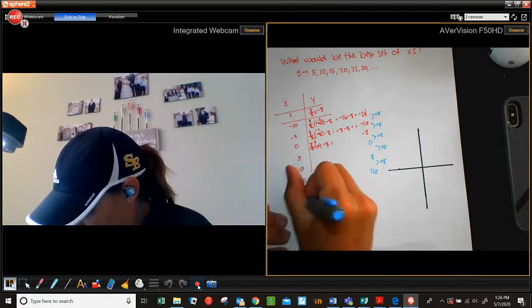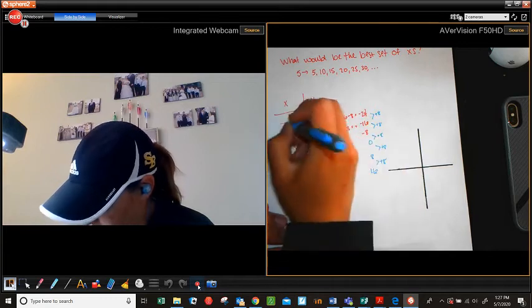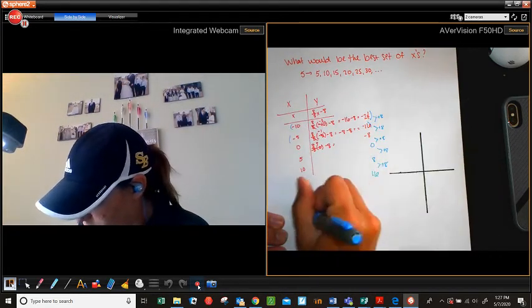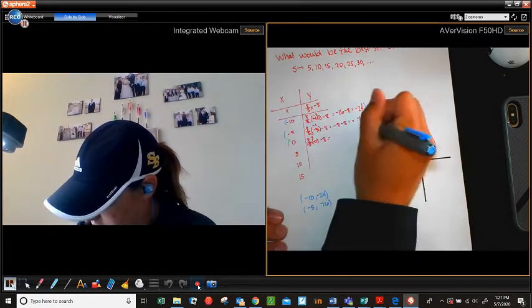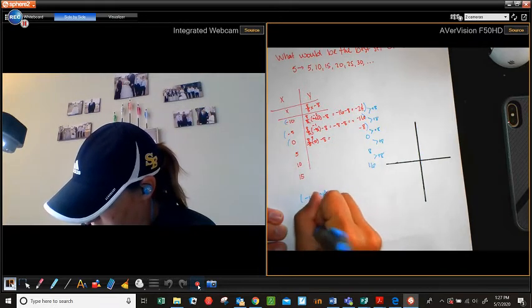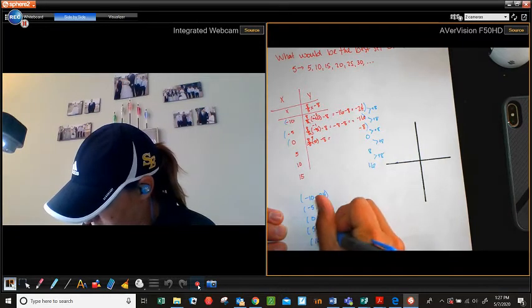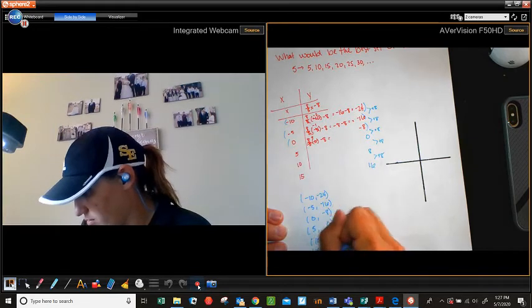I have negative 10, negative 24; negative 5, negative 16; 0, negative 8; 5, 0; 10, 8. And then the one we just added, you don't have to add it, but sometimes it helps.